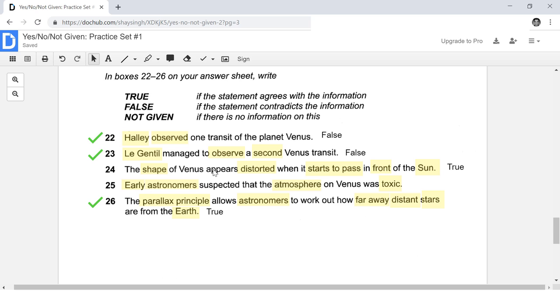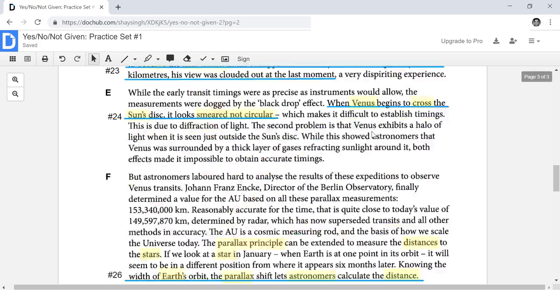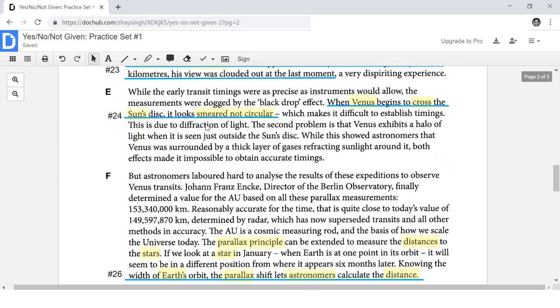It's saying that when Venus starts to pass in front of the sun, its shape becomes distorted. So this is a synonym for distorted when we're talking about how the shape gets smeared, not circular. By the way, if you don't know what smeared means: to appear messy, to be spread out.